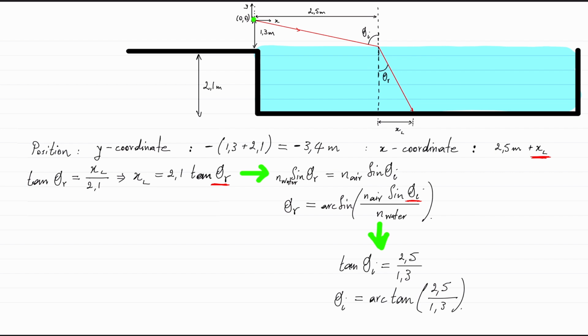This is how I encourage you to solve physics problems. Always face them head on and consider what is in your way to your goal. Initially, what was in our way was this x_L, but we found out that in order to determine x_L, we needed to find theta_r. So then we moved our target to search for theta_r, and theta_r we found to depend on theta_i.